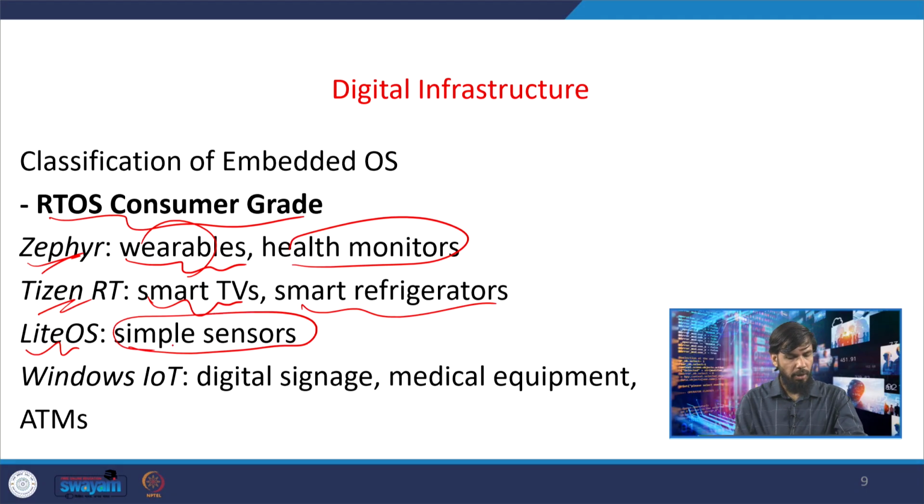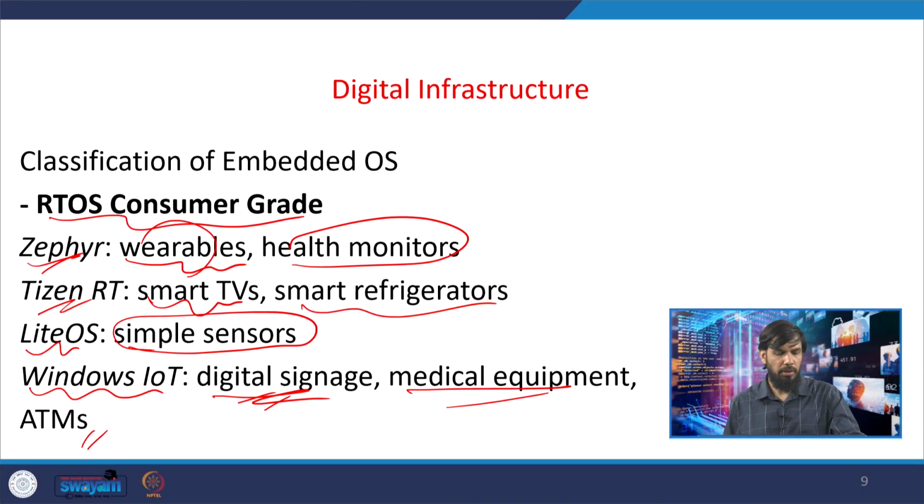And then we have Windows IoT, which is where digital signage comes in, the different boards that you see where some content management system is operating and keeps changing what is being displayed, along with other functionality. So digital signage, medical equipment, ATMs, right? These are some of the examples where Windows IoT could be common. So that is RTOS for consumer grade and different examples of those operating systems.